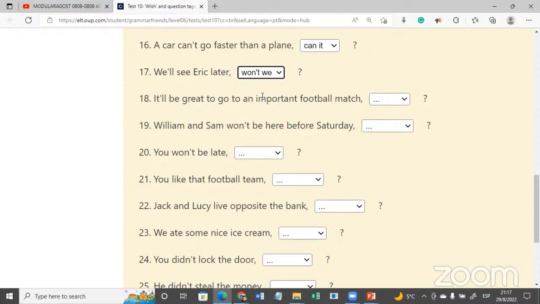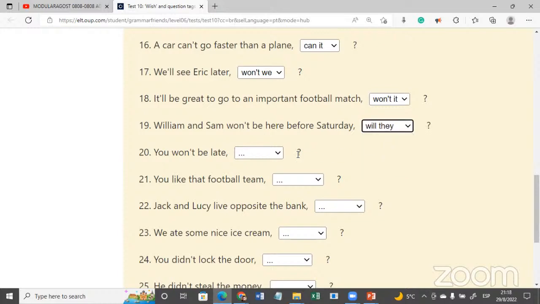First one. Number 18. The second. The second one. Okay. And what do you think is number 19? The first. The first one.